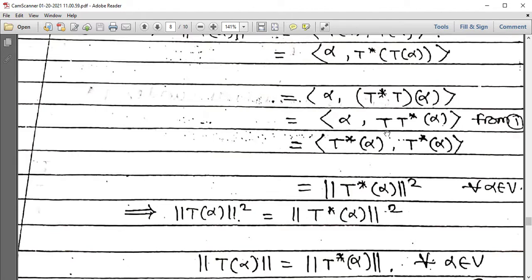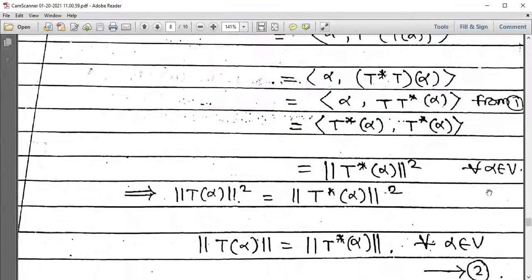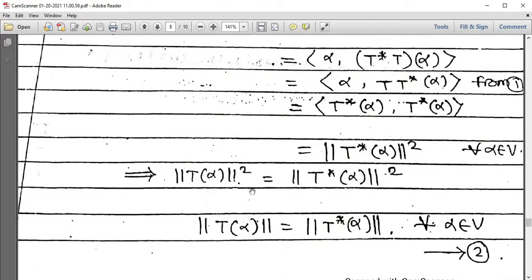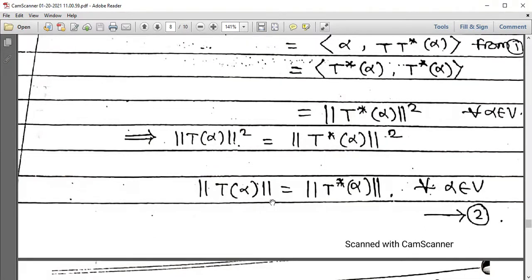Hence, by the definition of adjoint, this T moves towards the alpha, and we get T star of alpha and T star of alpha, which by the definition of norm is the norm square of T star alpha for all alpha belongs to V. Hence we have norm square of T alpha is equal to norm square of T star alpha, which gives norm of T alpha is equal to norm of T star alpha for all alpha belongs to V. Give it as equation number 2.